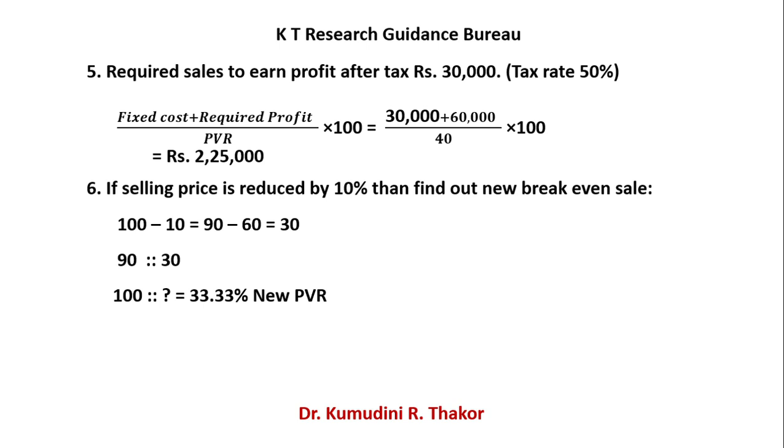That is your new PV ratio. Now it is easy to understand. So BEP is equal to 30,000 by 33.33 percentage into 100. So your answer is rupees 90,000. So if you reduce the selling price by 10%, then your new break-even sales will be rupees 90,000.